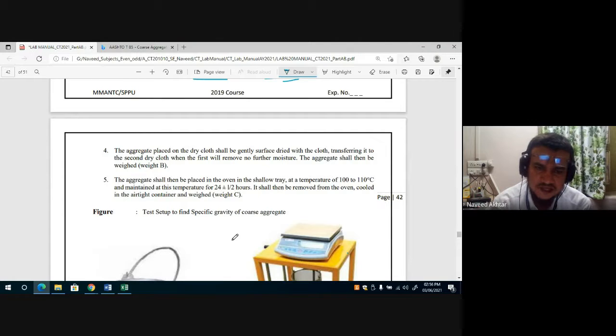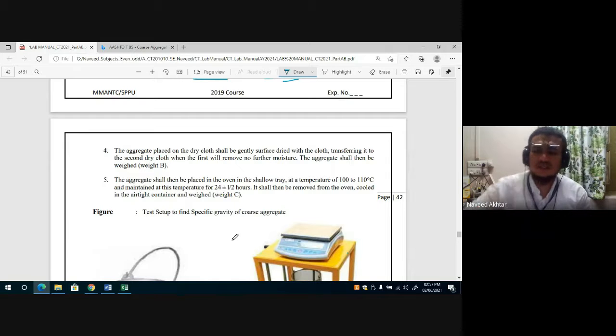Then the aggregate shall be placed in the oven in a shallow tray at a temperature of 100 to 110 degrees Celsius and maintained at this temperature for 24 hours, and then remove the sample from the oven, cool in an airtight container, and weight C is taken.